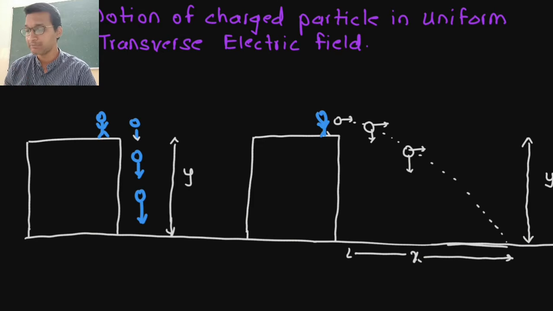But if I throw the object in horizontal direction, then the initial velocity will be perpendicular to the gravitational field. Now the object is going to travel in horizontal direction as well as vertical direction. So it is going to move forwards as well as it is going to fall downwards.